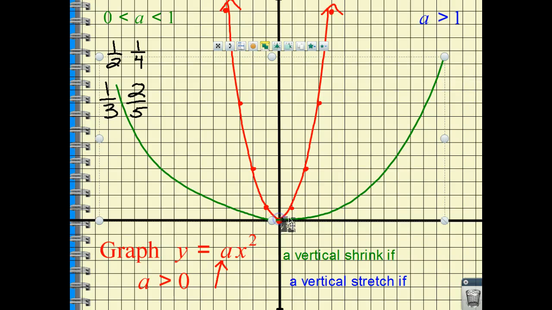I'll just try to make one up here, and we are on the inside of the parent. I should have put some arrows there too. The larger the number aiming at the A, the more stretched, or the more thin, that parent is going to become.